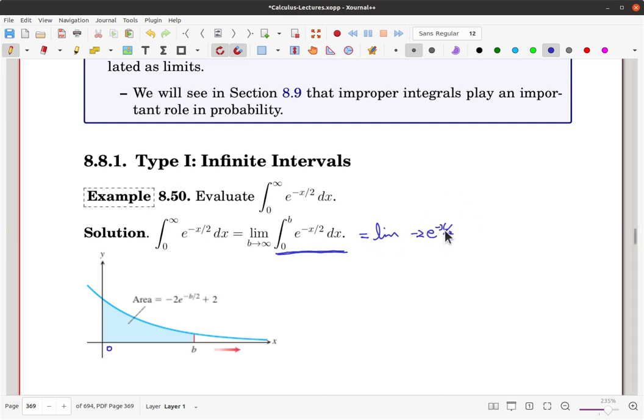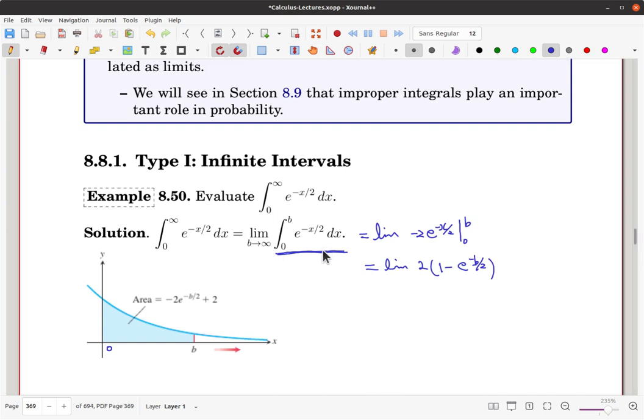So that is the antiderivative, from 0 to b. Here, that is the same limit, and now twice, and once it's 0, then it's 1. Once it's b, then that is e to the minus b over 2, right?